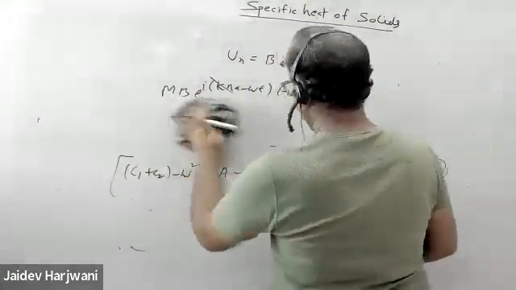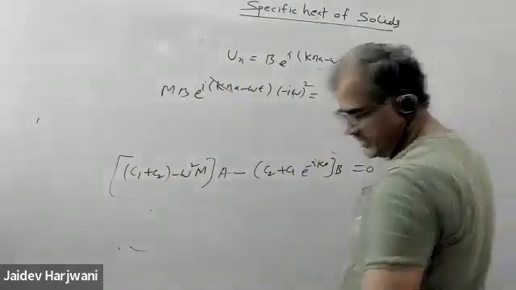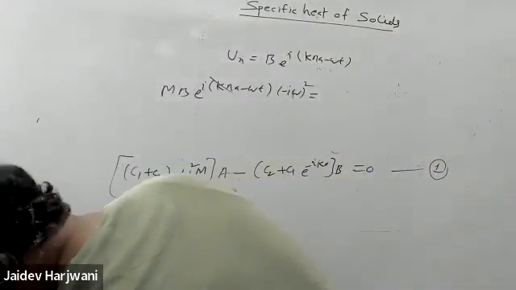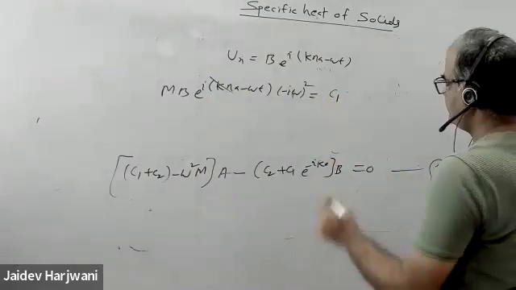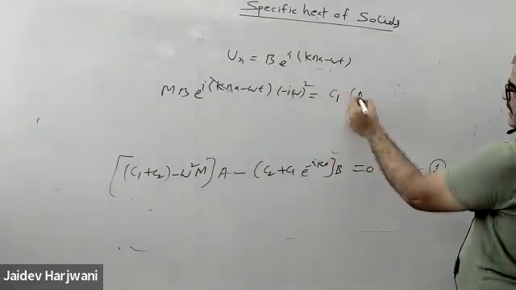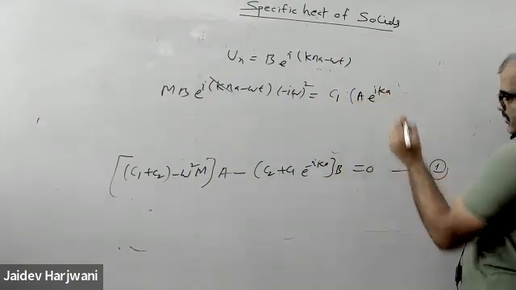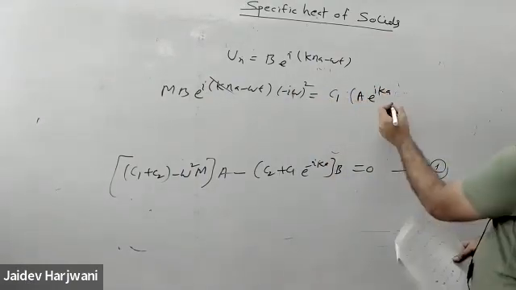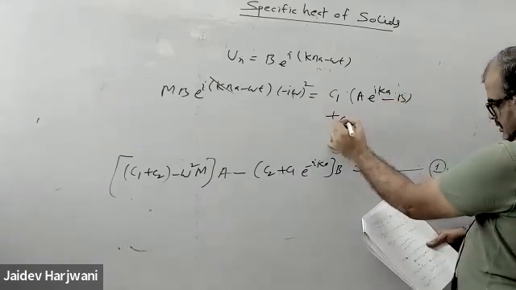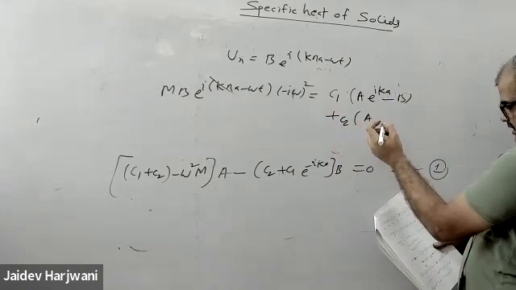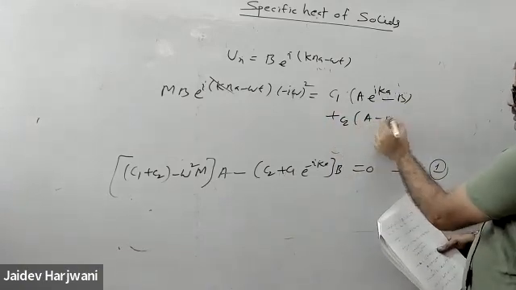So here for Vn we have c1 times Un plus 1, so I will have a e^(iκa), minus Vn, which means b, and then we have c2 Un, where Un means a and Vn means b.